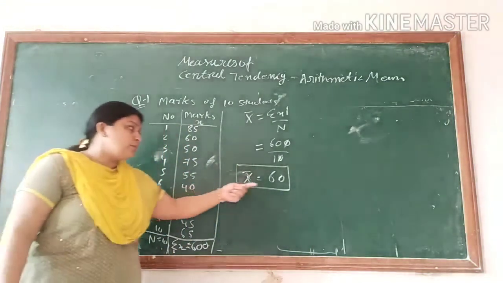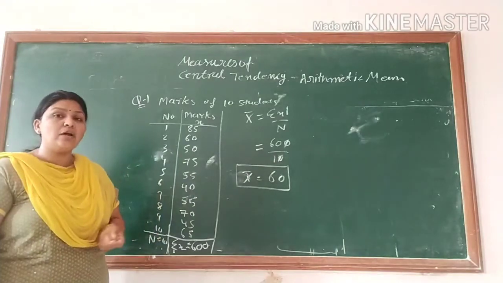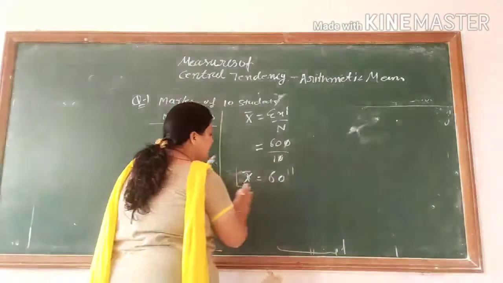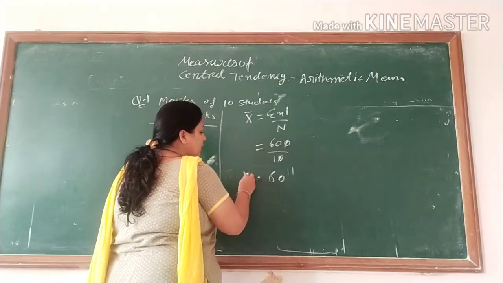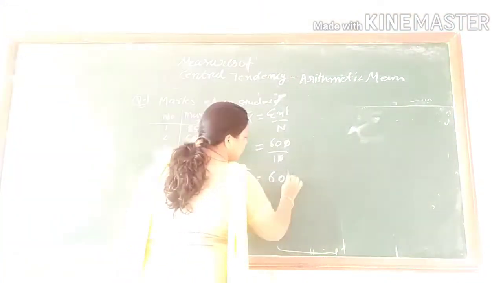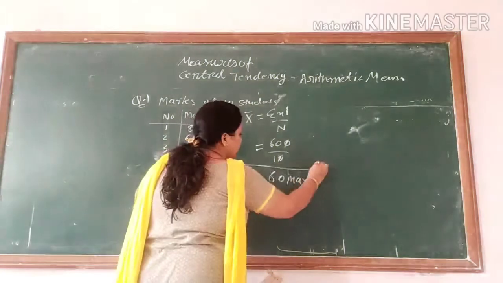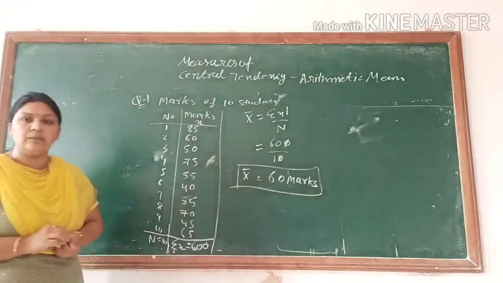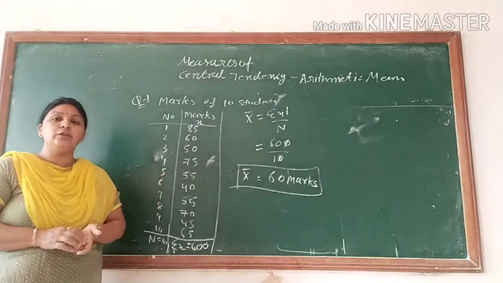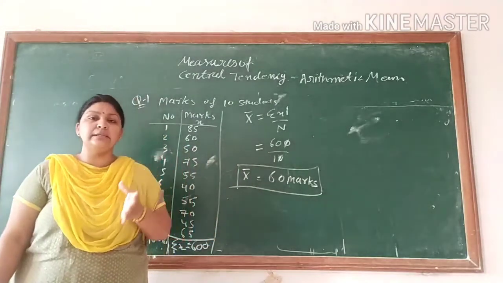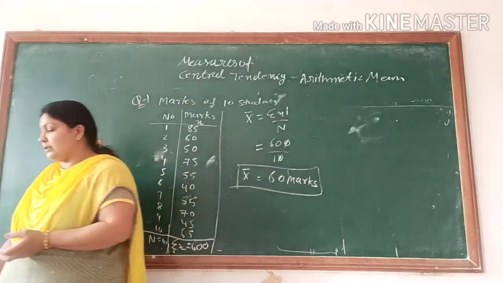But don't write like this because it is compulsory. You just put the value of the unit also. So x bar equal to 60 marks. बेटा यूनिट के मार्क्स डिडक्ट हो जाते हैं as per the board rule. If you don't write the unit with the answer, half marks is deducted in the board examinations.